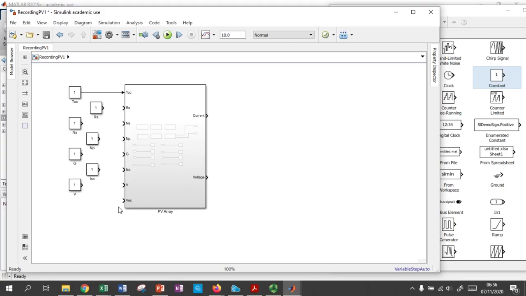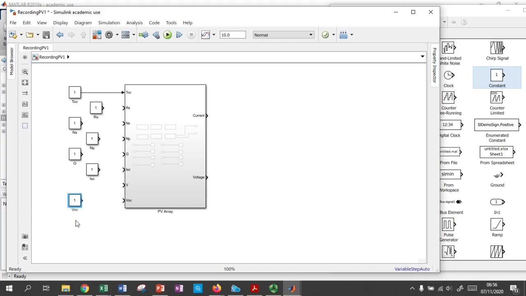VOC is the V that we will consider here. VOC is the one input that we normally find as the open circuit value, which is normally available in the datasheet of the PV array.